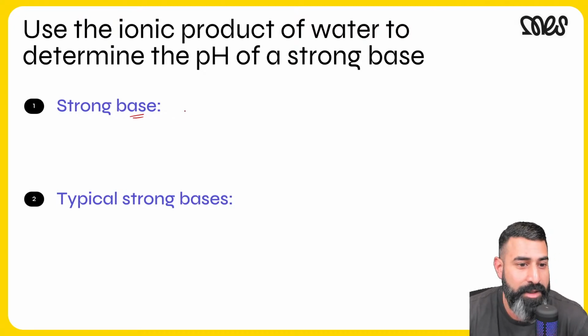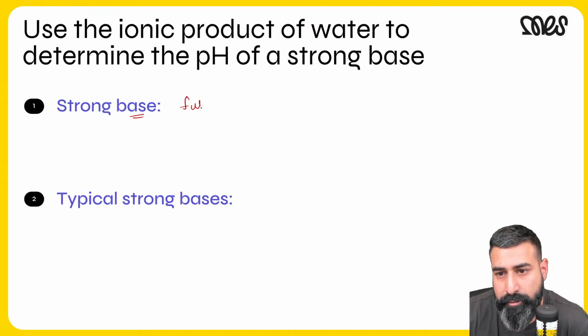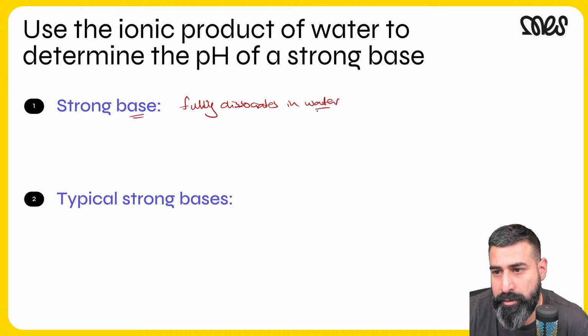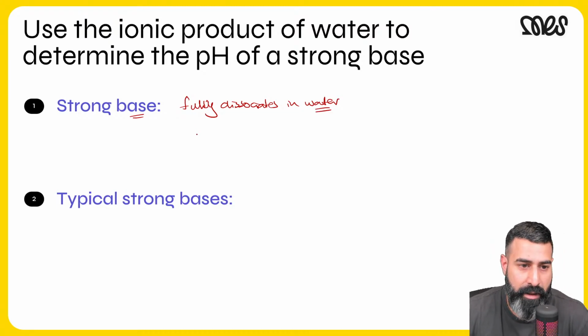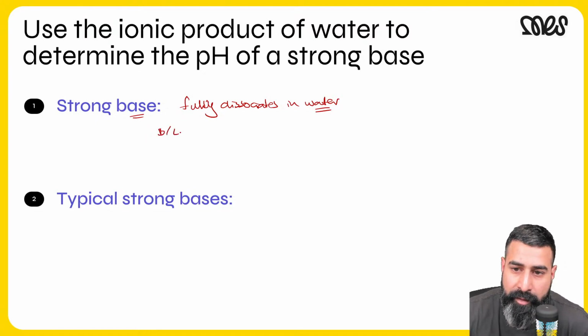Absolutely, Johnny, smashing it. So, a strong base fully dissociates in water. Okay, so there's no partial ionization here, okay? And just as a reminder, what is the Bronsted-Lowry definition of a base?